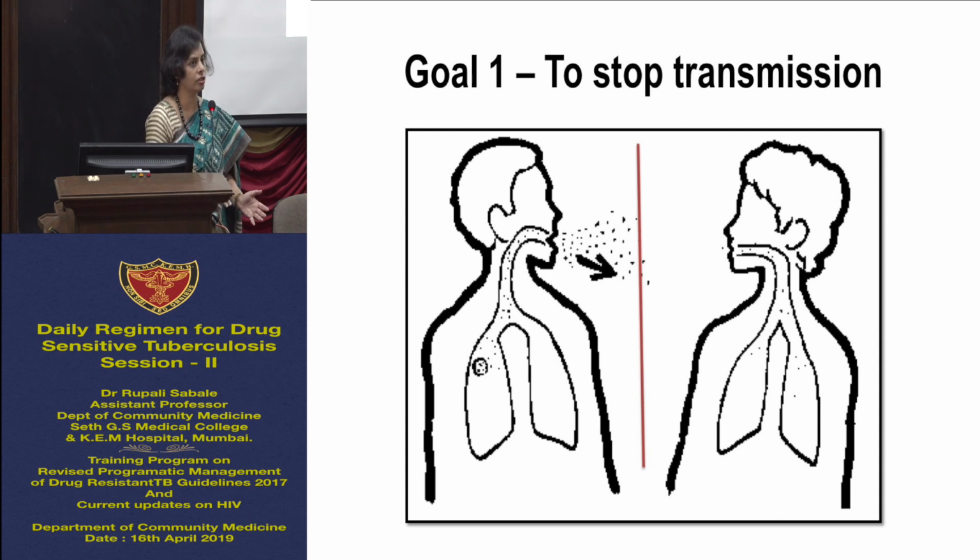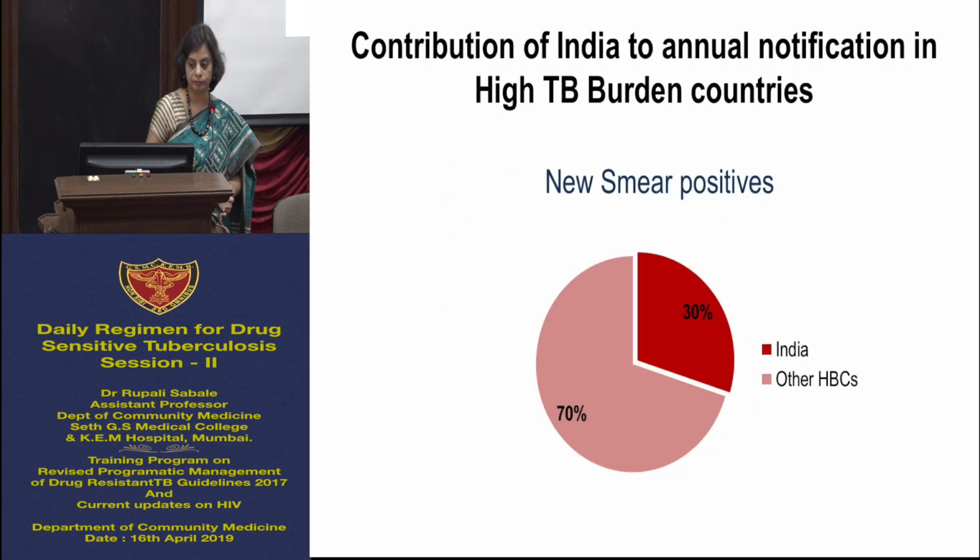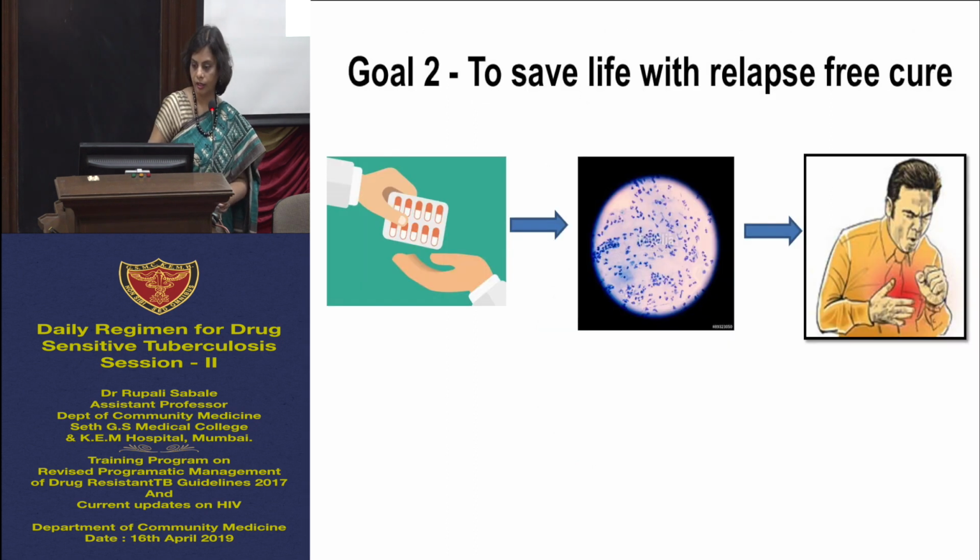We are curing the patient also, but the goal is to stop the transmission. Among all high burden TB countries, India contributes 30% of new smear positive cases every year. So that is the burden of tuberculosis in our country.